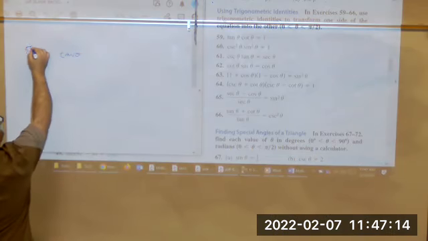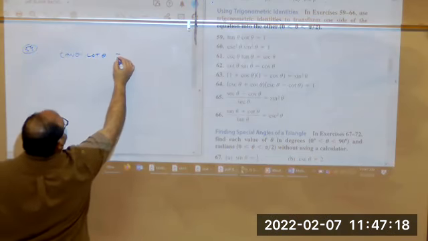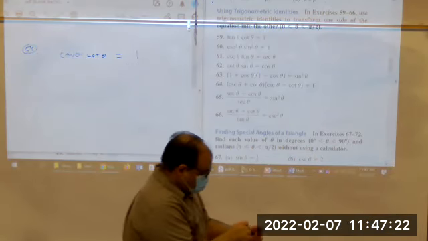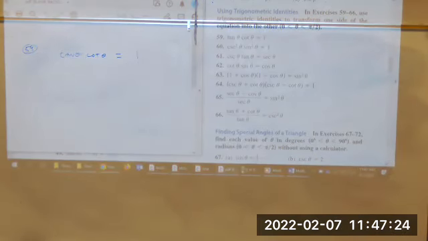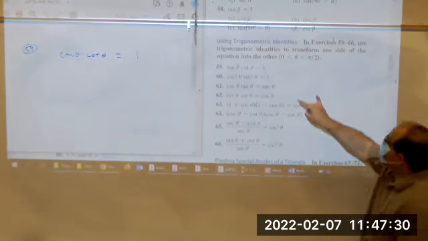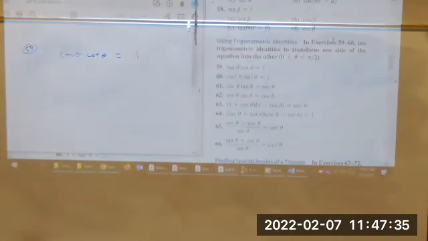Tangent theta times cotangent theta is supposed to equal 1. And you'll find out why they give this condition: 0 is less than theta, which is less than pi over 2.